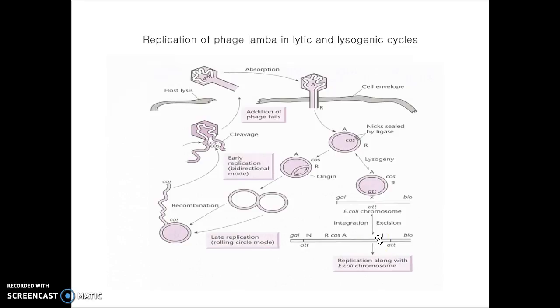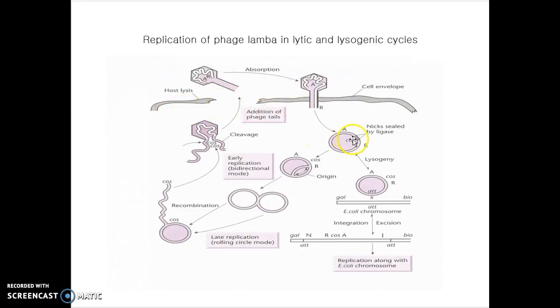So whenever E. coli divides, the phage DNA also replicates and is inherited by the daughter E. coli. Instead, the lytic phase replicates its own DNA by rolling circle mode, and in addition, viral coat proteins are translated, and later the assembly produces daughter phage, which escape out of E. coli.